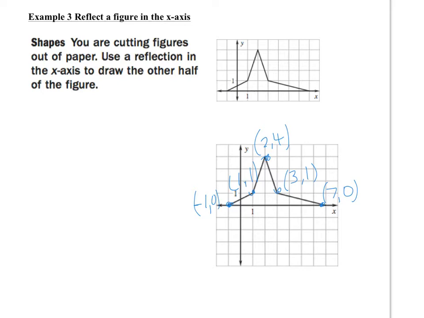And then plot the opposite of y. So it'd be (1, -1), (2, -4), (3, -1). So its reflection would look like so. Across the x-axis.